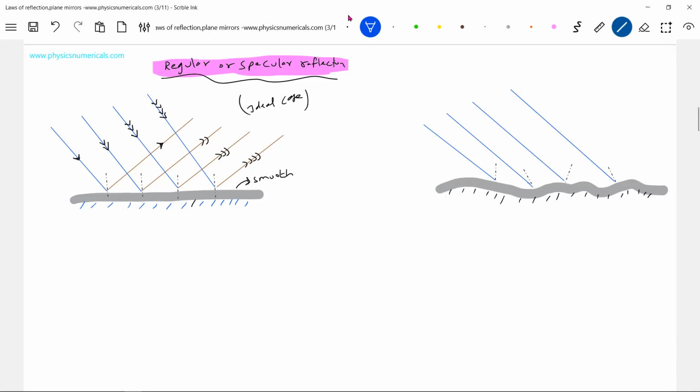Now the reflected light, the angle of incidence should equal the angle of reflection. Look at 1, 2, 3, 4. Now look, actually a parallel beam of light is incident, but the reflected light, you check once.